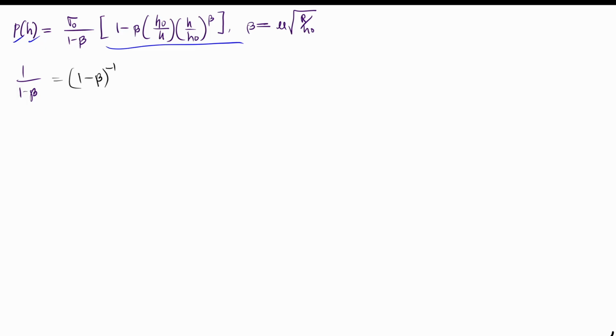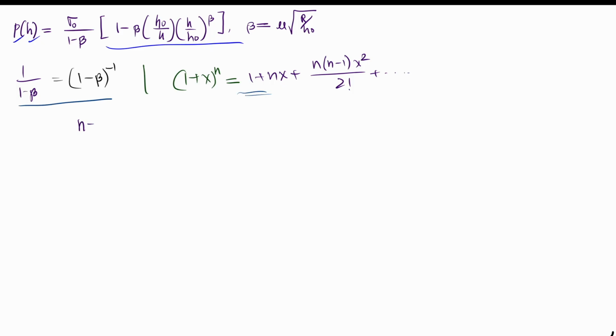From the Taylor series expansion, if we have a function like 1 plus x raised to n, then it can be expanded to 1 plus nx plus n into n minus 1 x squared divided by 2 factorial, like this. So we are going to expand this into this format. Here n equals minus 1 and x is minus beta.